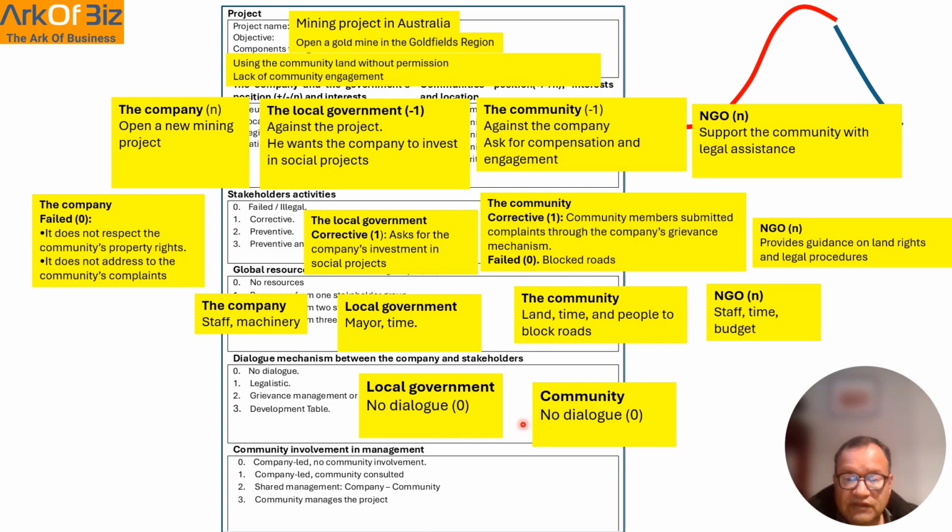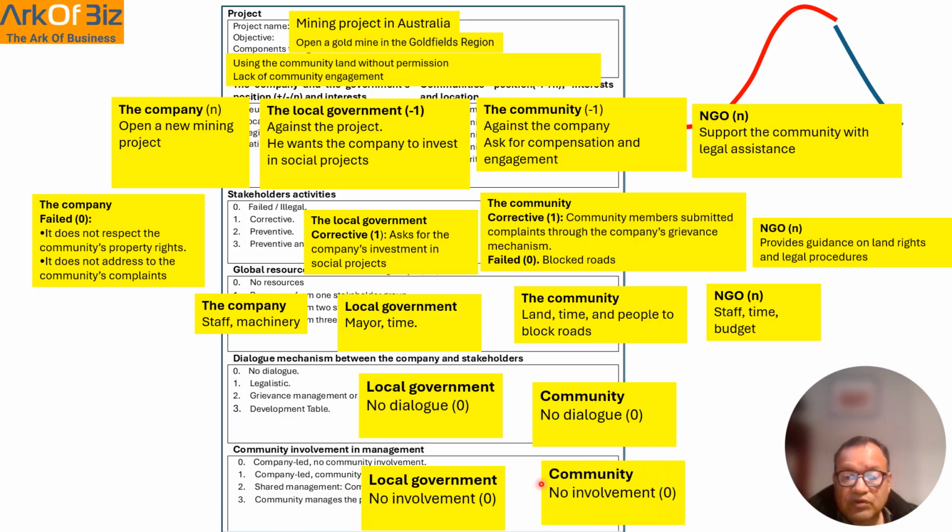It has a value of 0. What about the community involvement here? In this case, we have in the local governments, no involvement at all. The company didn't care about local government participation. Also, the company didn't involve the community in this stage. So no involvement, it has a value of 0.